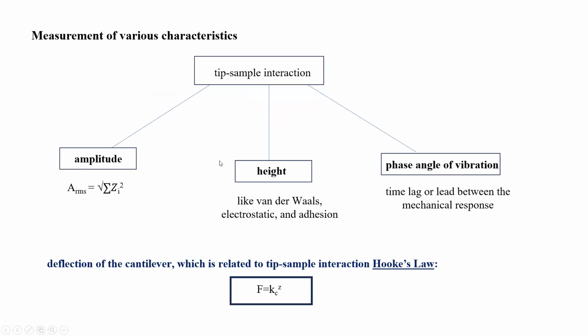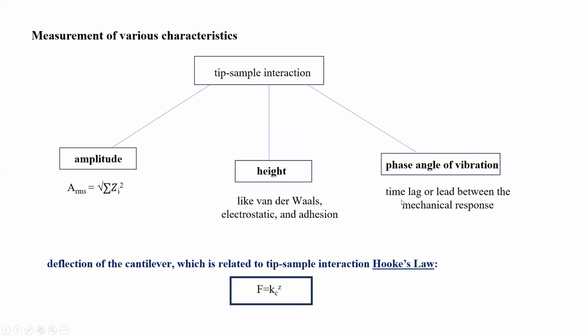So the tip-sample interaction can measure a lot of properties, including amplitude, height, and phase angle of vibration. The amplitude is measured using this formula where Zi is the deflection of the cantilever. The height of the sample surface is measured using the voltage that is applied to maintain the cantilever amplitude.